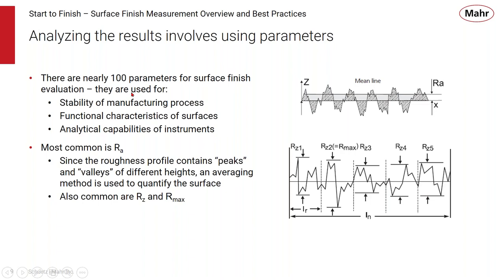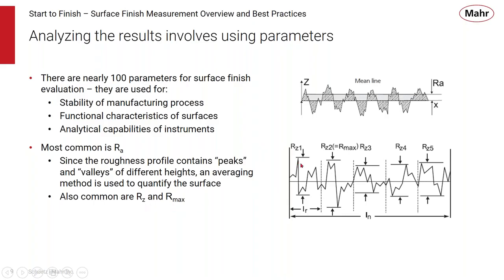But the most common parameter in use today is R sub A, or Ra. Since the roughness profile contains peaks and valleys of different heights, an averaging method is used to quantify the surface. So Ra stands for roughness average. Other common ones are Rz or R max, and we'll talk about those in a minute.